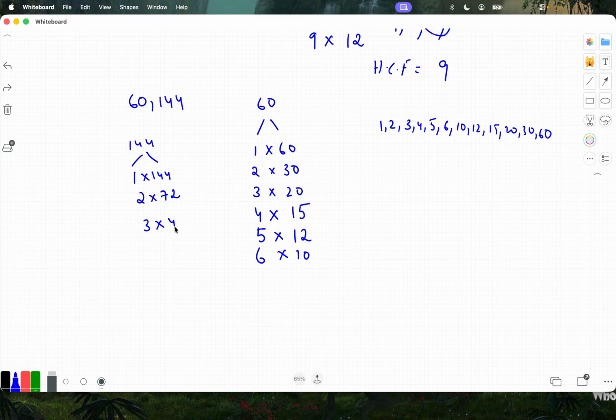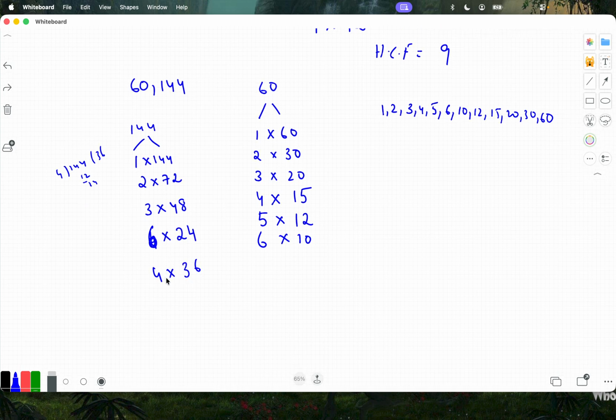Then 3 table, 3 fours are 12, 3 eights are 24. 4 table, 4 3s are 12, yes it goes. 6 table, 6 twos are 12, 6 fours are 24. 8 table, 8 8s are 64.